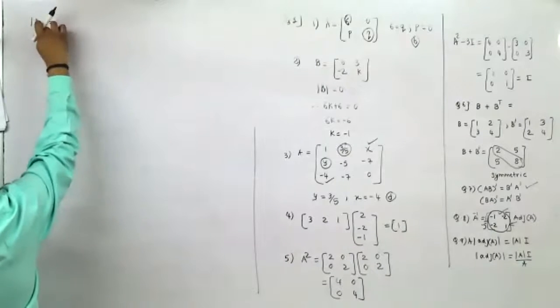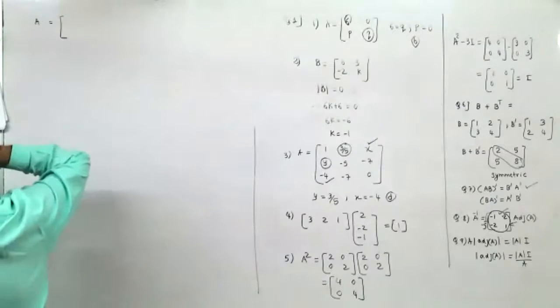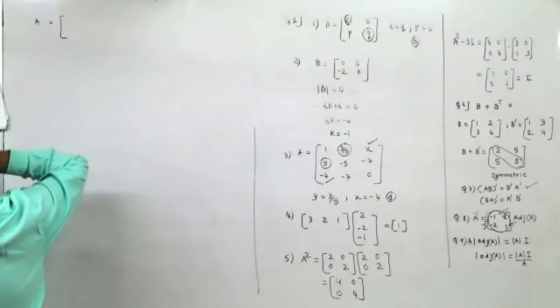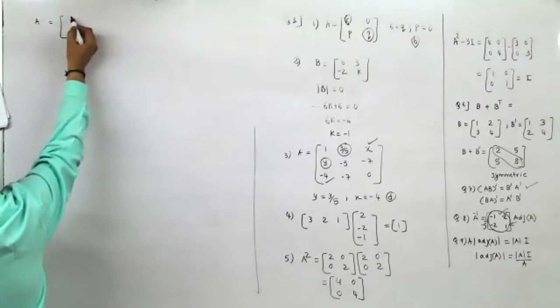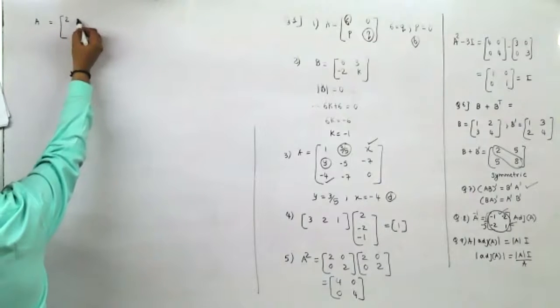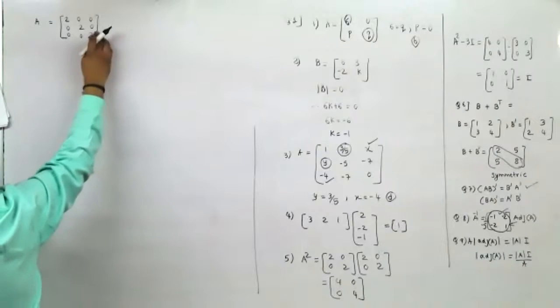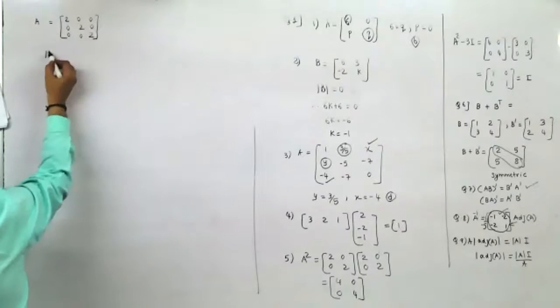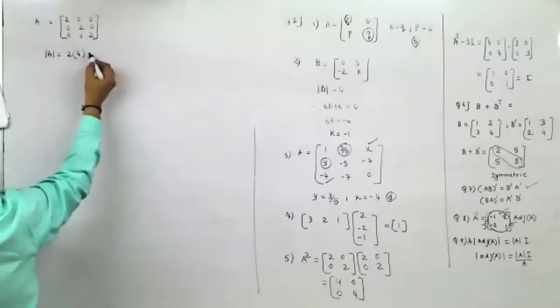I'll say A is 2 0 0, 0 2 0, 0 0 2. Now here determinant value of A is 2 into 4 minus 0, so it is 2 into 4, that is 8.